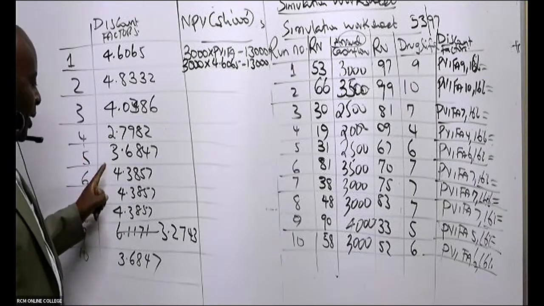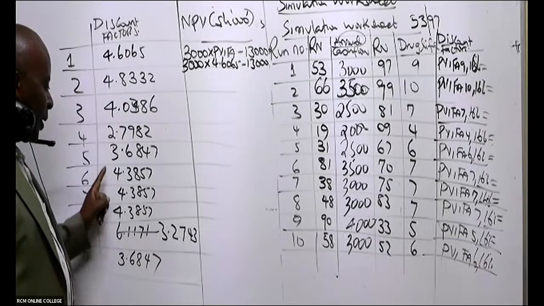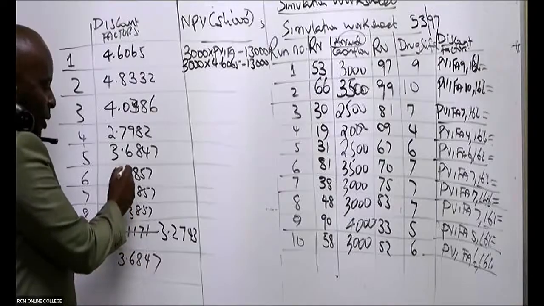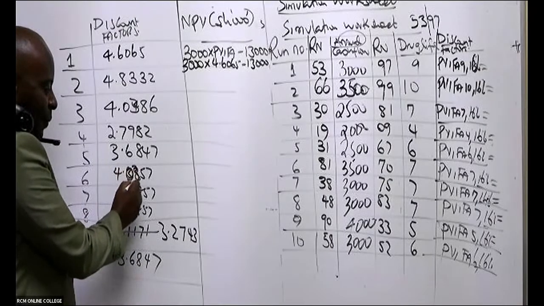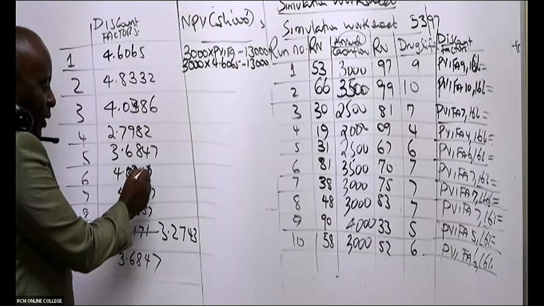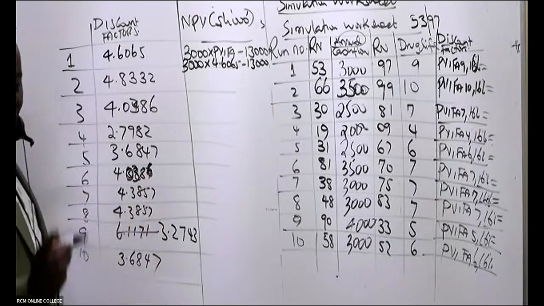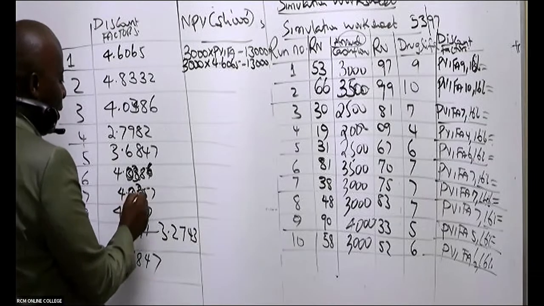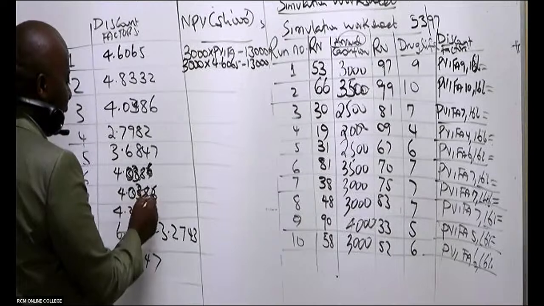This one here, number 628. Just check again. Yeah, 4.0386. You can repeat. 4.0386.